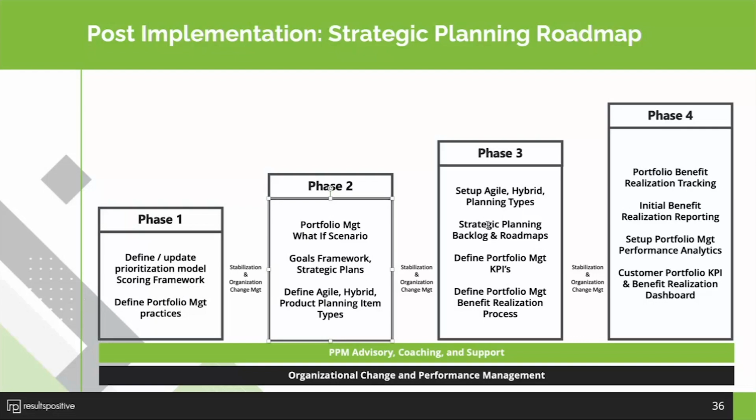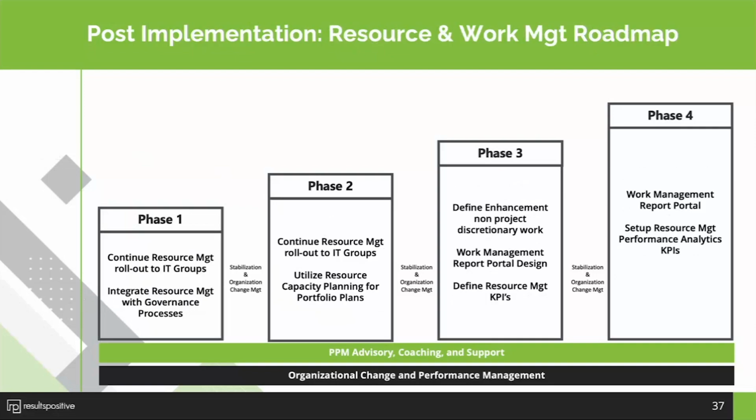Then setting up those planning types, setting up strategic plans and roadmaps, then going into some of that benefit realization from a portfolio perspective. So those are some of the examples here from a strategic planning roadmap.